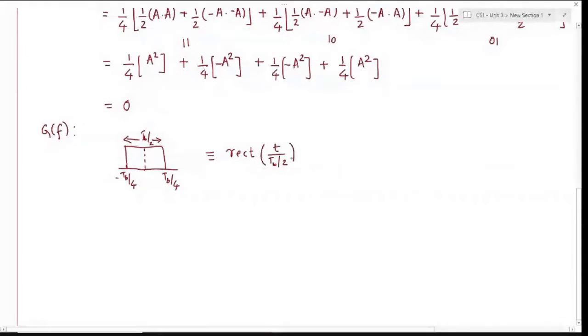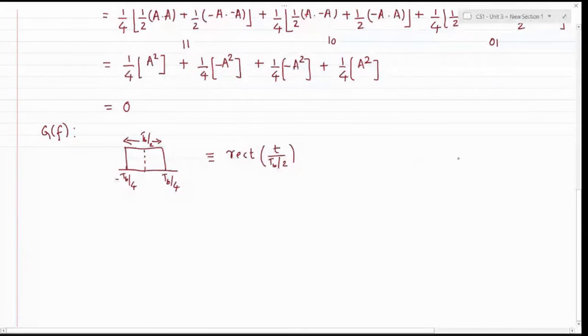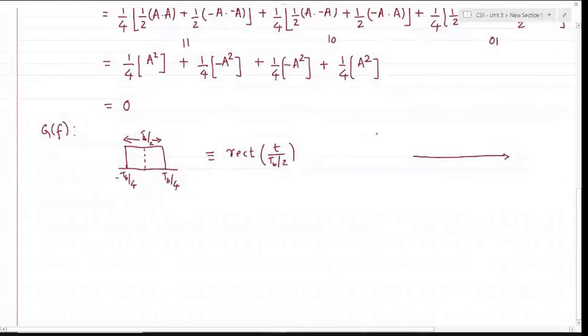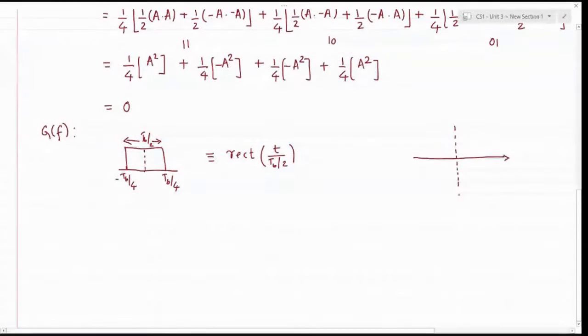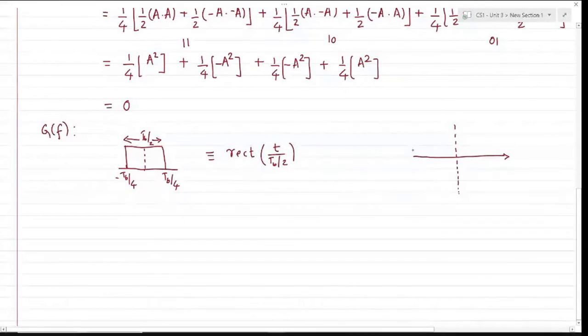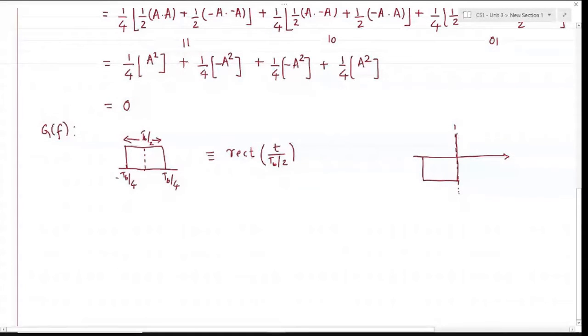So this is the rectangular t over tb by 2. The entire duration of the signal is tb, and this is tb over 2. And what we have as g of t now is the Manchester coding for bit 1, say this is my s1 of t, where this is actually the center. So for half the duration it is negative, and for the other half it is positive.